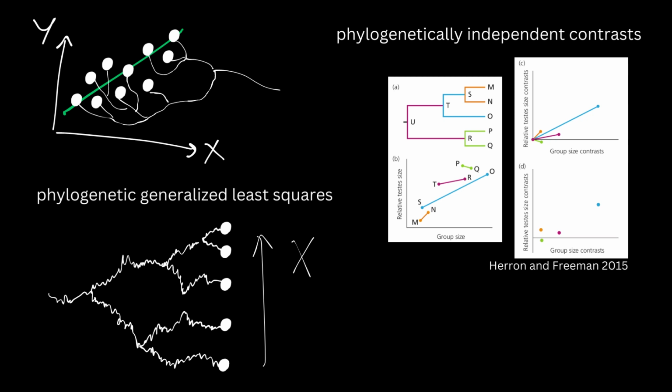So it's basically just explicitly accounting for the fact that some species might have related values of x and y, not independently, just because they share an ancestor relatively recently in the past. And then say, well, taking that into account, now do we still detect a positive relationship, for example, this green line between our two variables, after we have accounted for phylogenetic relatedness?